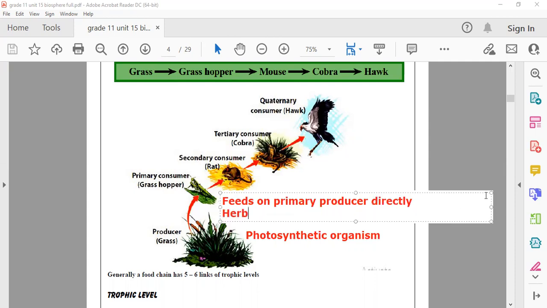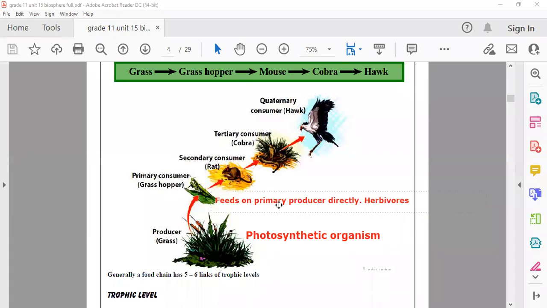Generally, they are herbivores. These primary consumers are generally herbivores.